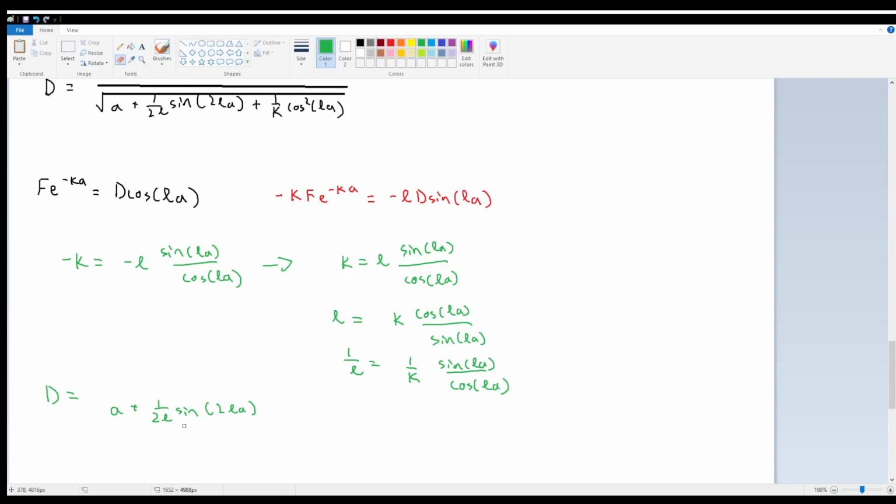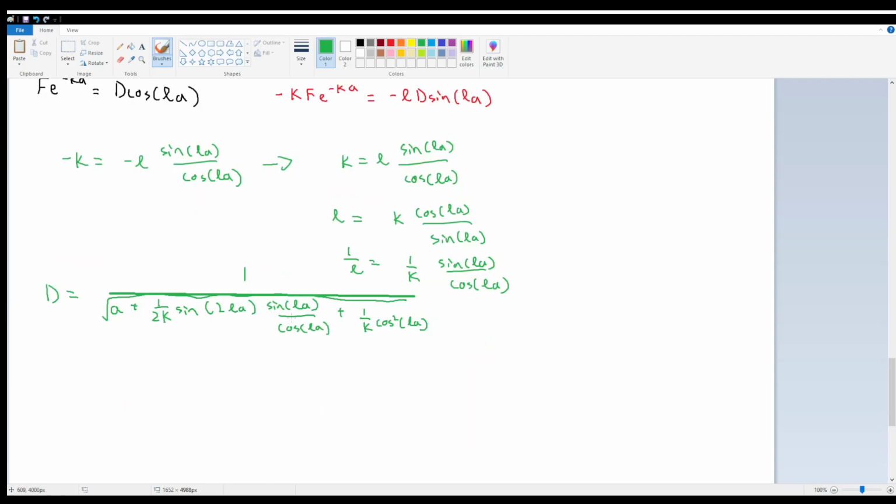So we turn 1 over L into 1 over K, times sine LA over cosine LA, and then we are adding 1 over K cosine squared LA. Everything at the top is just 1, and we're square rooting everything down here. This is a very messy square root, I'm sorry.